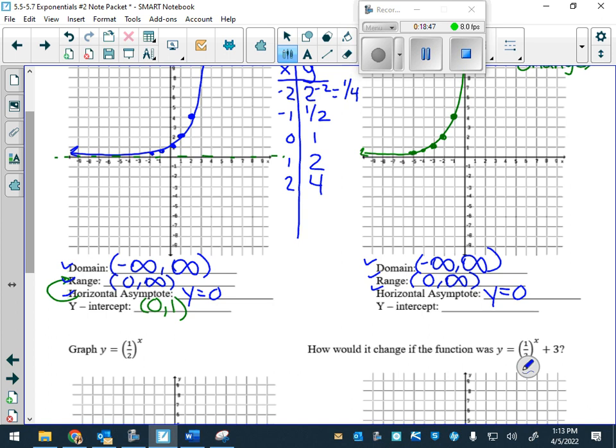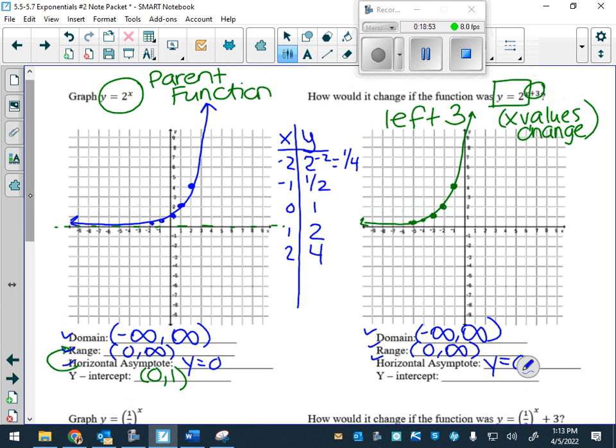Okay. How can we figure out the y-intercept though? Liam. Okay. Yeah, Luis. Plug 0 in for x. Good.